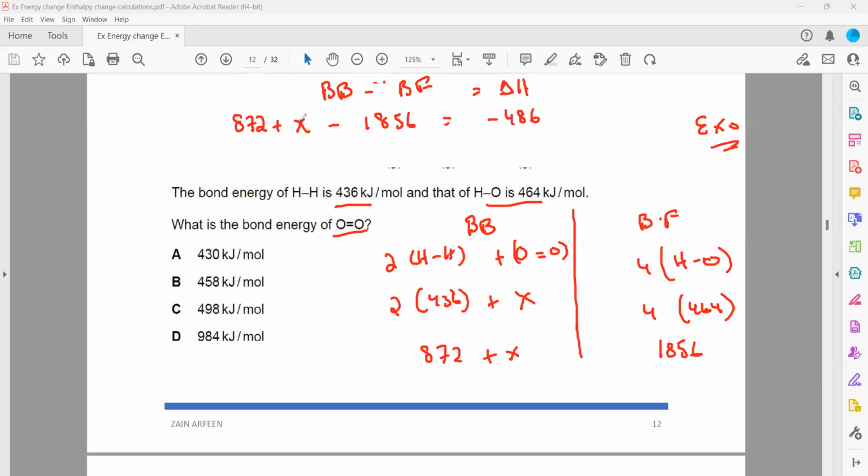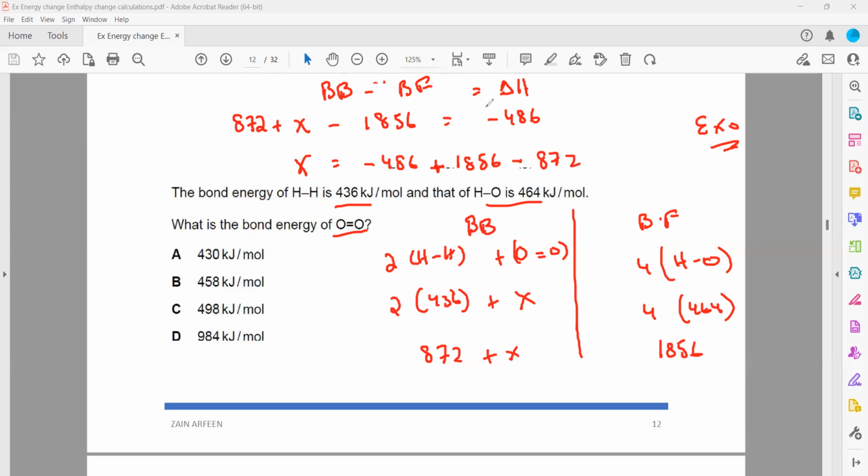Now we just need the value for X. So all the things will move to the other side. So X is equal to minus 486. This is negative, and when it goes to the other side, it will be positive, so plus 1856. 872 is positive, so on the other side it will be negative, so minus 872.